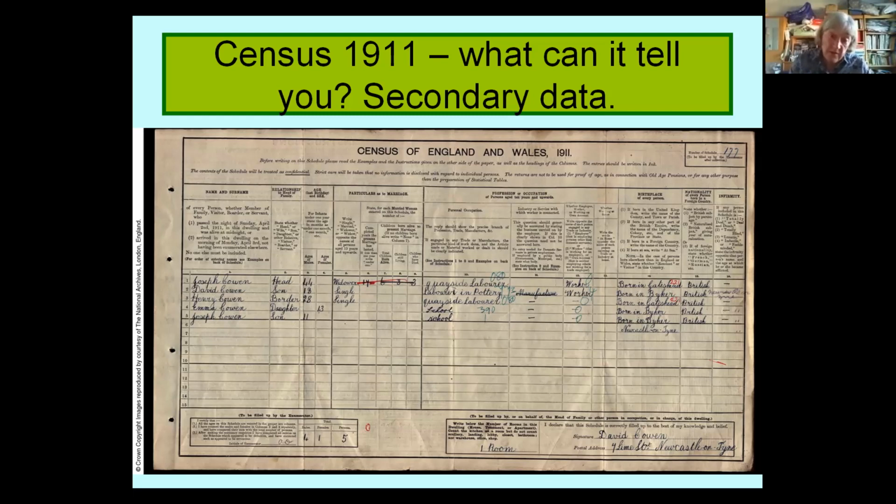And it takes quite a long time for you to actually manage to process the information. Each household would have had a census sheet, and you can find these on the Ouseburn Trust's website.